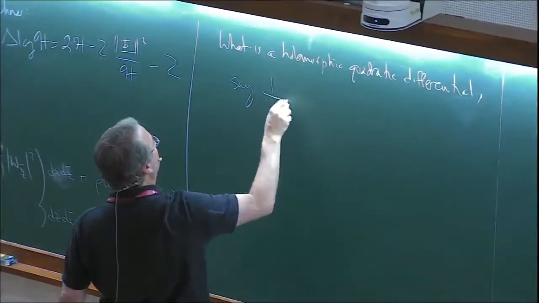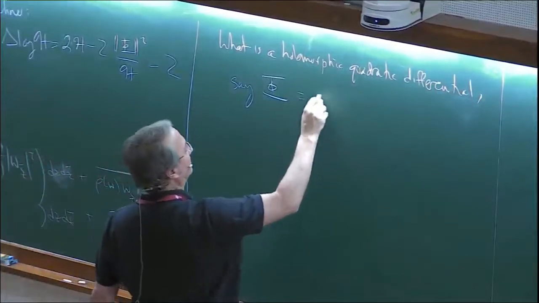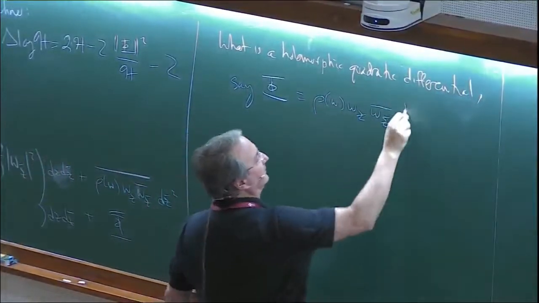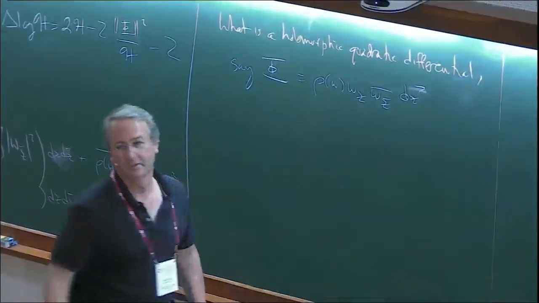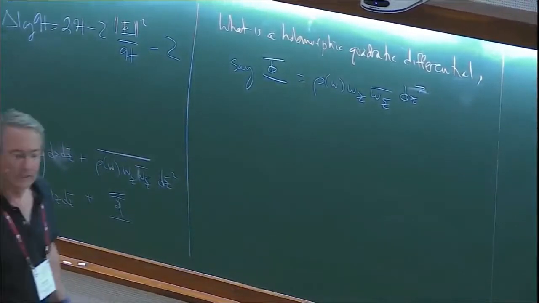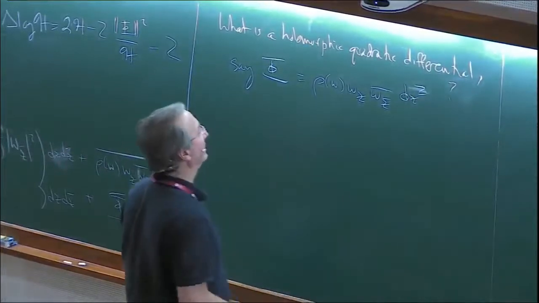And of course, I've been talking about this Hopf differential phi, which has a local expression, something like rho of w, w_z, w_zbar, dz squared. Doesn't matter what it is. Well, so what is a holomorphic quadratic differential?